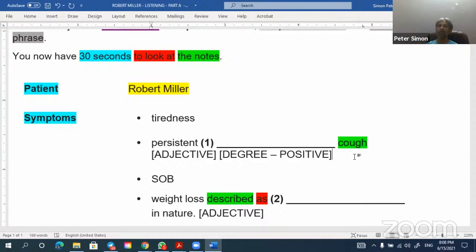Or hard, harder, hardest. Persistent, hard cough. This is one type of adjective. And there are different types of adjectives once again. One is regular, like dry, drier, driest, soft, softer, softest. These are regular, but one word adjectives.